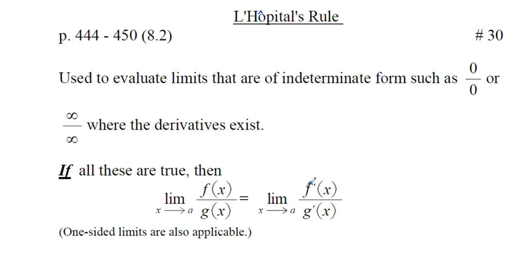And you can take successive derivatives too. If f prime of x over g prime of x still gets you 0 over 0, you can keep on taking a successive derivative until you get a numerical answer, in which case you're going to have a limit.